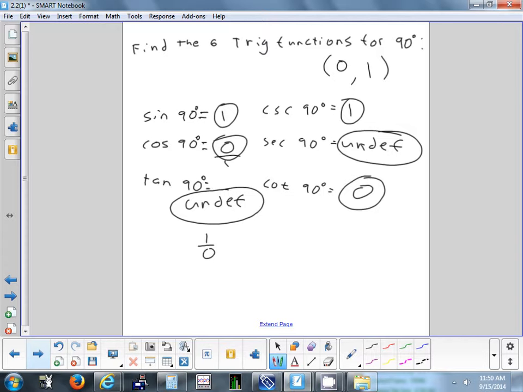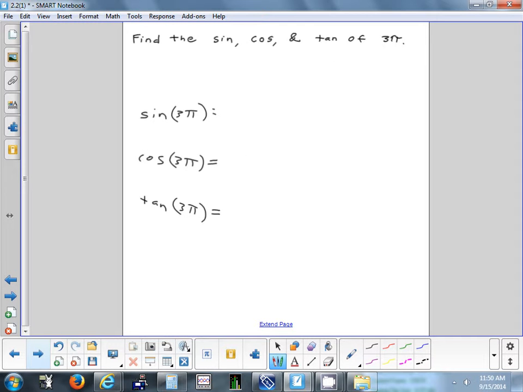Okay, any questions on that one? Okay, this one I want to do all 6. Okay, we've been practicing all 6. Let's just do the first 3. I want the sine, the cosine, and the tangent of 3 pi.